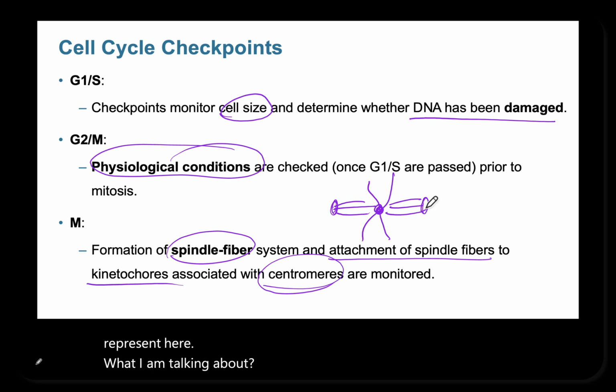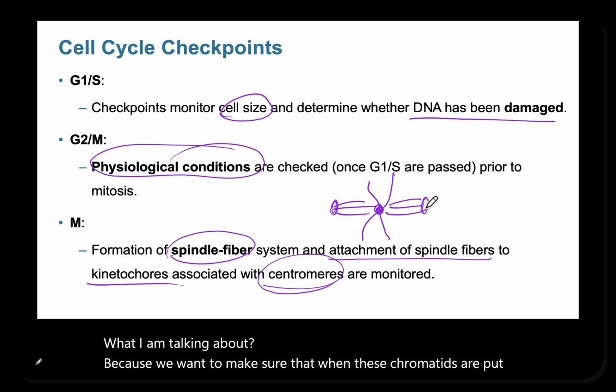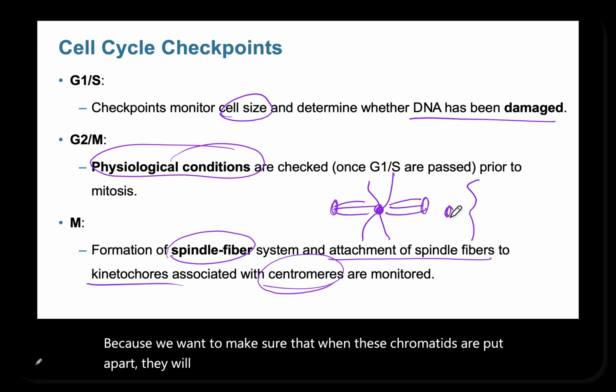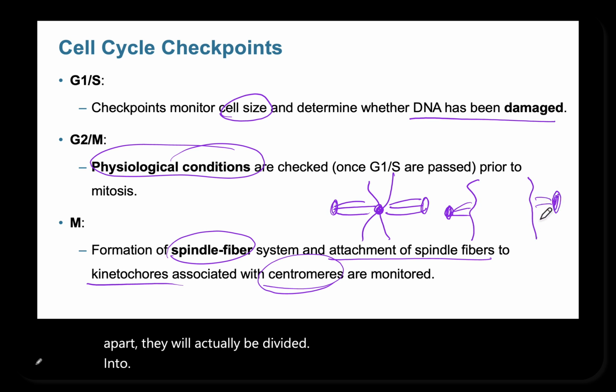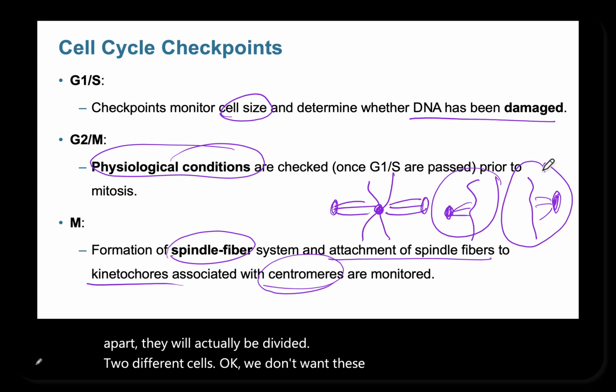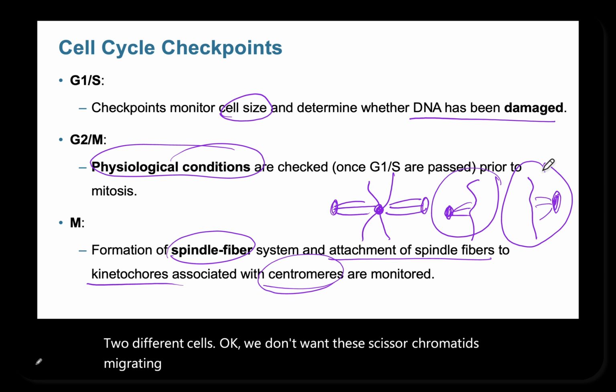Because we want to make sure that when these sister chromatids are pulled apart, they will actually be divided into two different cells. Okay? We don't want these sister chromatids migrating to the same cell, right?